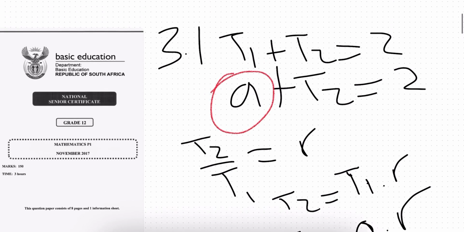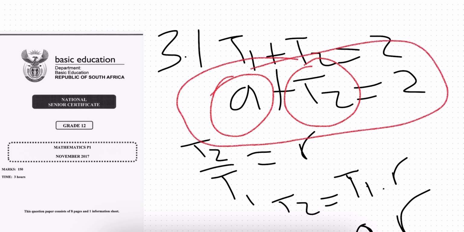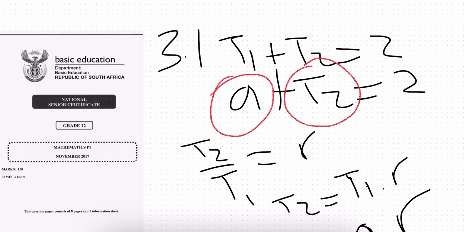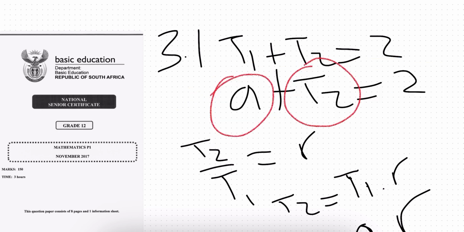Then you go back to this whole entire equation, which has a plus t2.